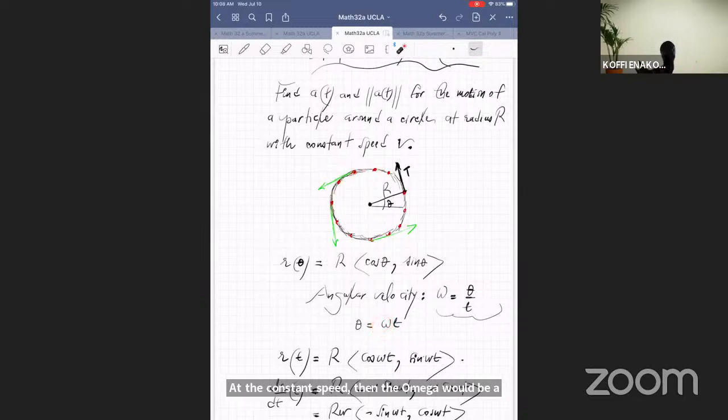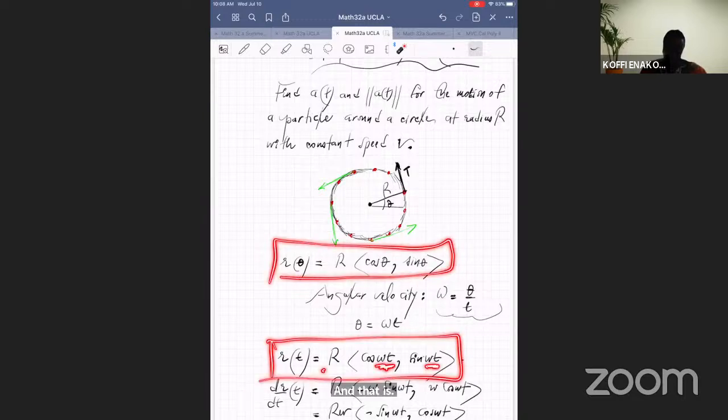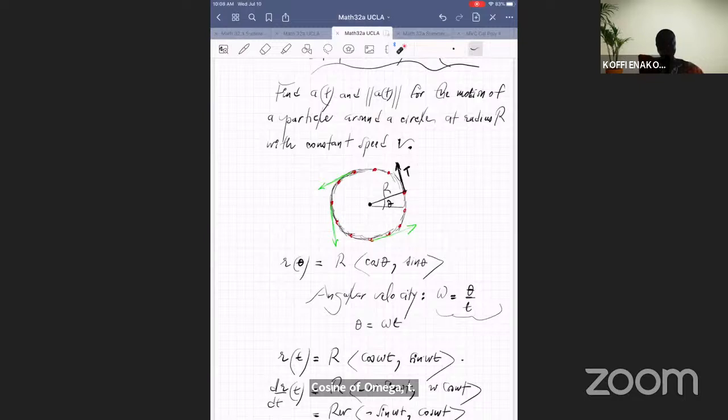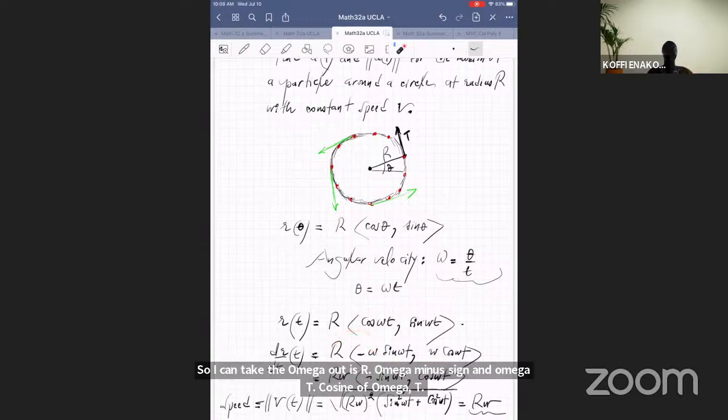I change my trajectory as a function of t, and that is r cosine of omega t, sine of omega t. From there, if I take the derivative, that's the velocity. The r is here, but I'll have minus omega sine of omega t by the chain rule, and omega cosine of omega t, another chain rule. I can take the omega out: r omega times minus sine of omega t, cosine of omega t.